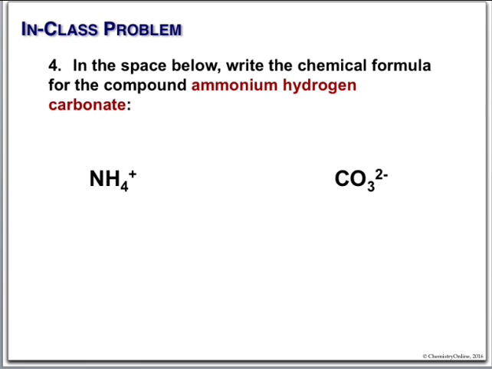So we'll do this. There's the ammonium, there's the carbonate. All we have to do to write the formula is to stick in the hydrogen. The hydrogen, remember, is actually attached to one of these oxygens. So this changes carbonate from minus 2 to minus 1.